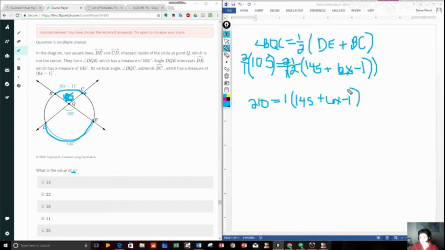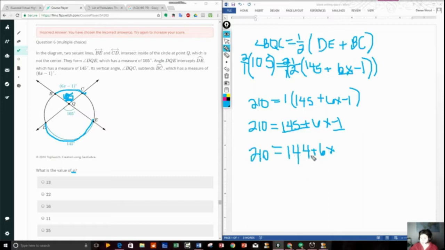Okay, well 1 times the value, 1 being distributed through, 1 times the value of anything doesn't change that value, so that's why we did it. So then we have 145 plus 6x minus 1. Okay, now I'm going to collect all of my like terms. 145 and minus 1 is a like term, and that makes 144 plus 6x. We have 210 still.